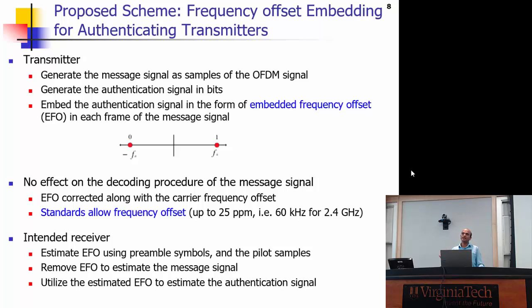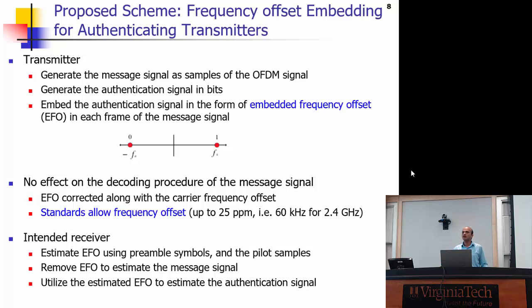So if you see the spectrum diagram of the signal, the signal is moving slightly in both directions when the authentication bit is 0 or 1. This shift will be detected by the receiver, and they will be able to identify the transmitter.